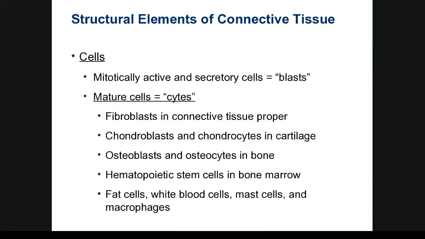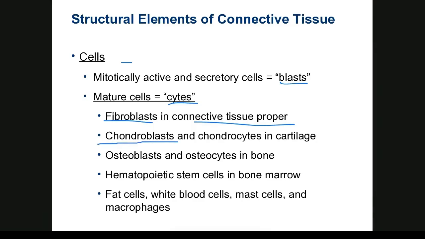Okay, now cells of connective tissue. Mitotically active cells or secretory cells are referred to as blast cells. Mature cells, cytes. So fibroblasts are in connective tissue proper, and they lay down new connective tissue.